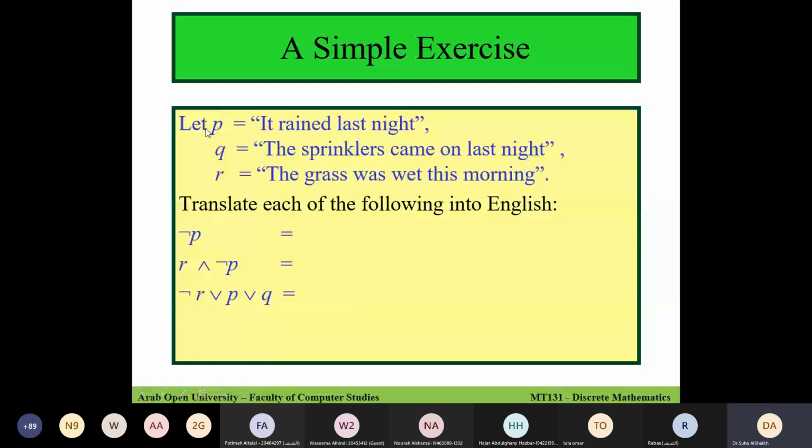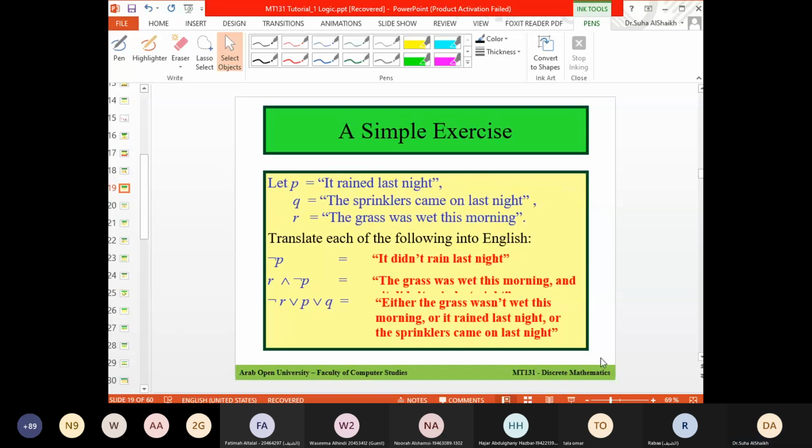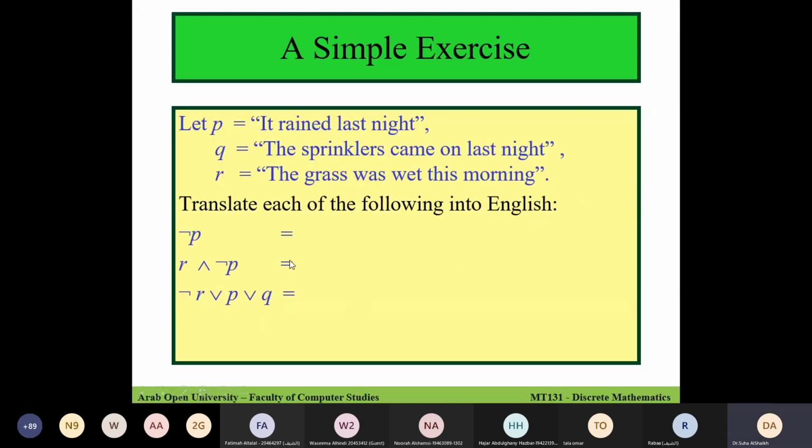If I say P is it rained last night. Okay, the Q in math, the sprinklers came on last night. And the R is the statement that the grass was wet this morning. Okay, so they want me to translate those to English. This is a logical expression.